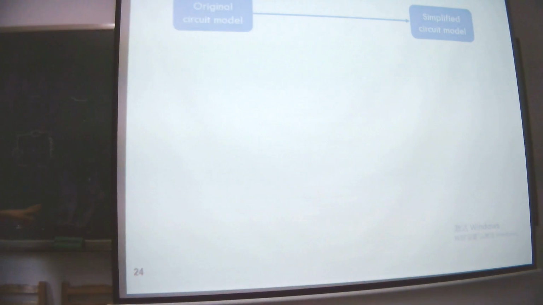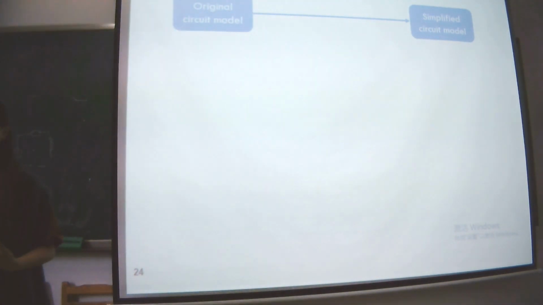So for this one, we can see a simple topology, right? But if we have a very large system and we can simplify it, we will reduce the number of equations for calculation. So for this objective, we can say the simplification of a circuit is very important.